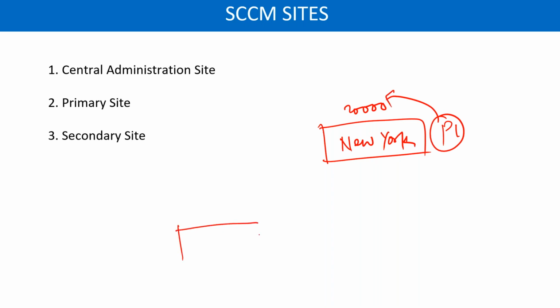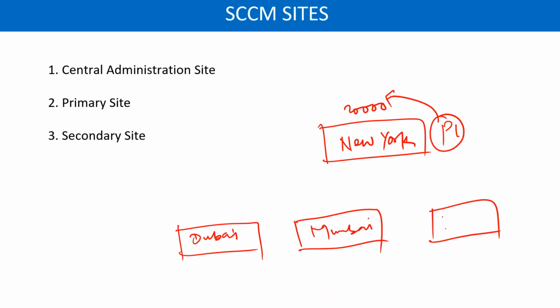But you have branch offices. Let's say you have one branch office in Dubai, another in Mumbai, another in Mexico. Dubai has, let's say, 700 devices, Mumbai has 800 devices, and Mexico 1,000 devices.